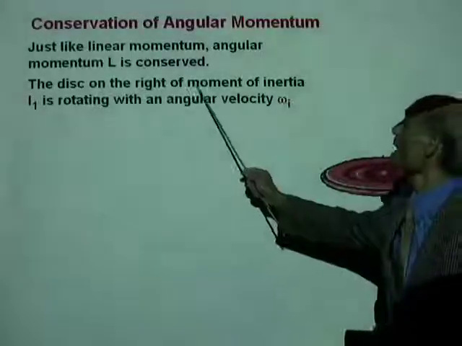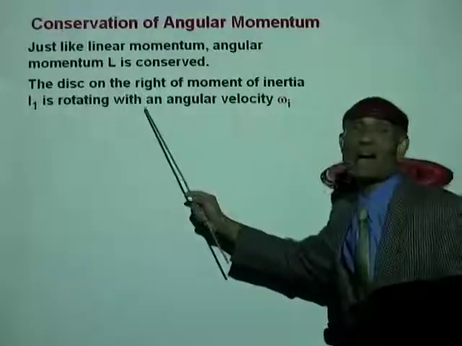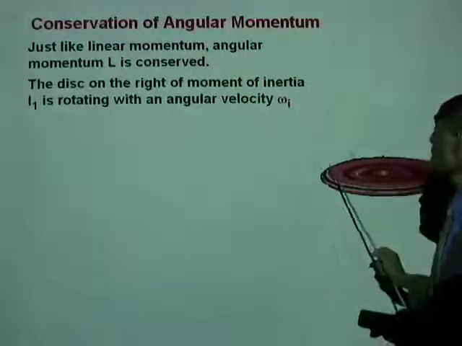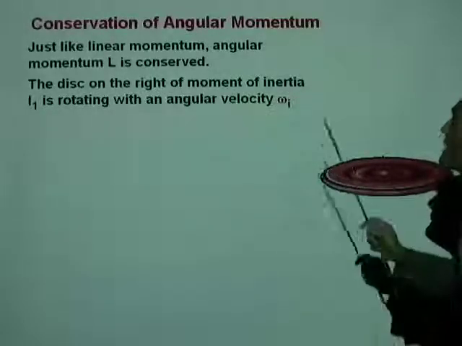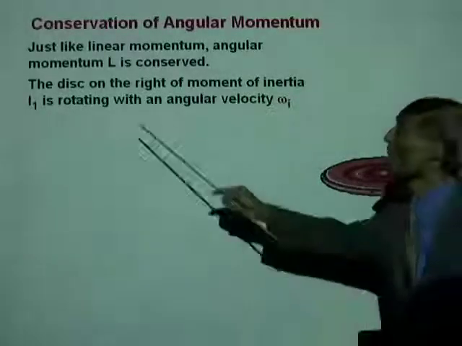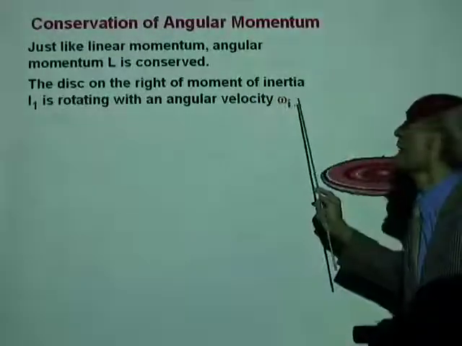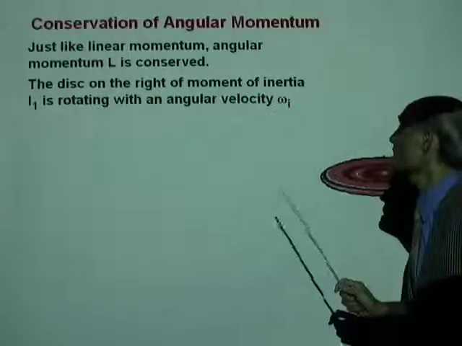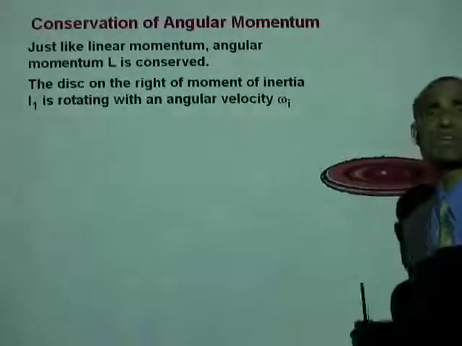The disk on the right has a moment of inertia I1 and it is rotating with an angular velocity omega I. So its moment of inertia is I1 and its angular velocity is omega I, or initial angular velocity.